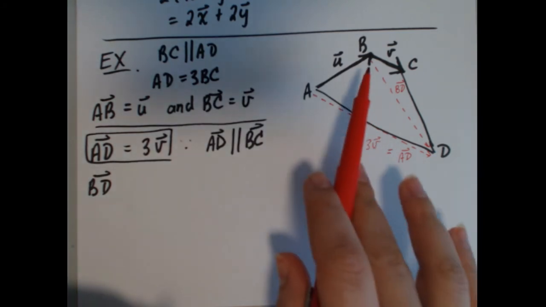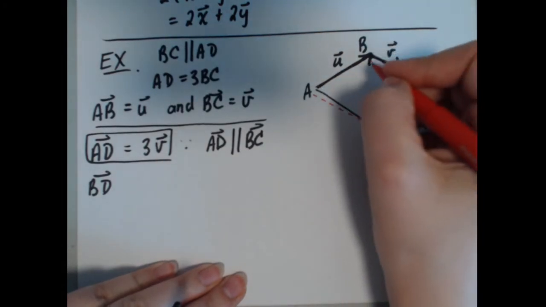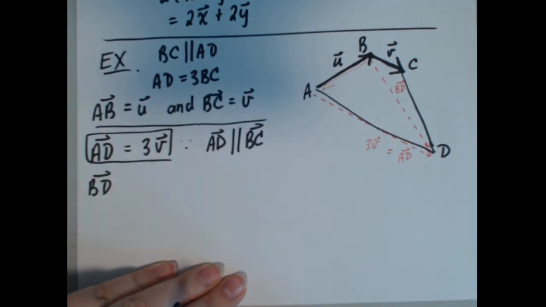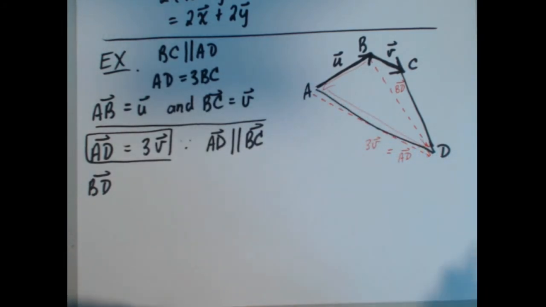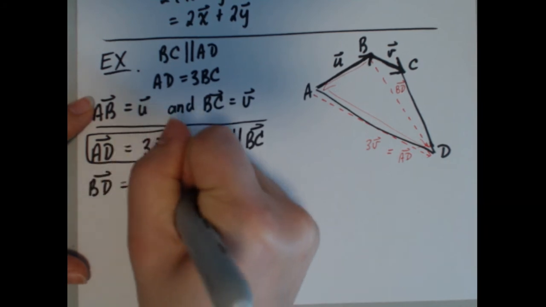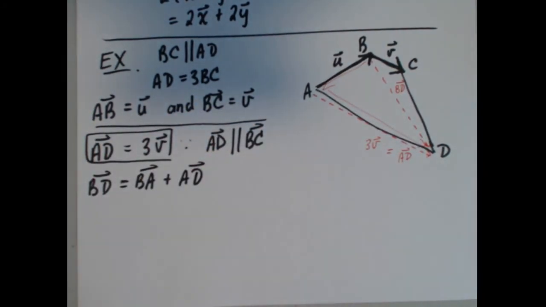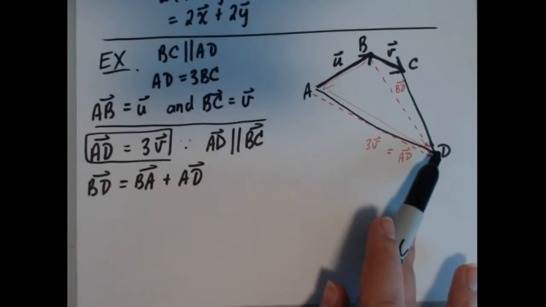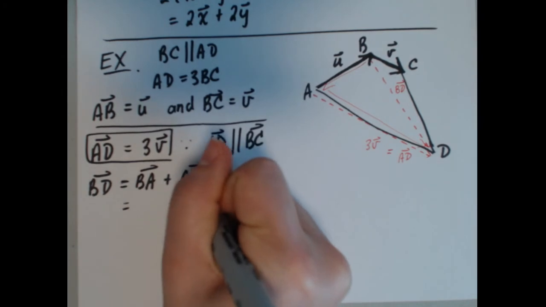In order to go from B to D, I'm going to have to go from B to A first, and then afterward from A to D. Okay, so BD is going to be BA plus AD. Now, AD, I just found it's 3V, so I'm going to replace that with 3V.